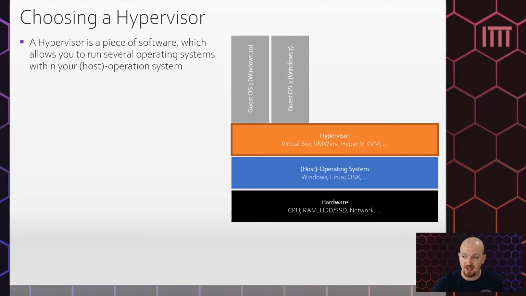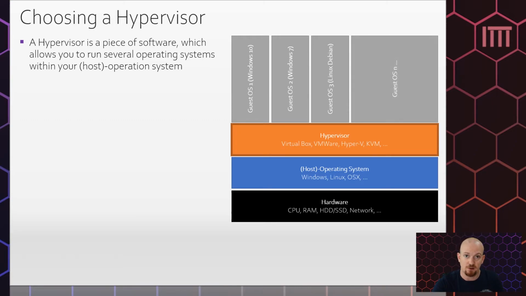Could be a Windows 10, Windows 7, a Linux, even a Mac OS X with some hacks. And these operating systems are then called the guest operating systems. They're also sometimes called virtual PCs or virtual machines. It's all the same thing, guest OS, virtual PC, virtual machine. Don't let this terminology confuse you.